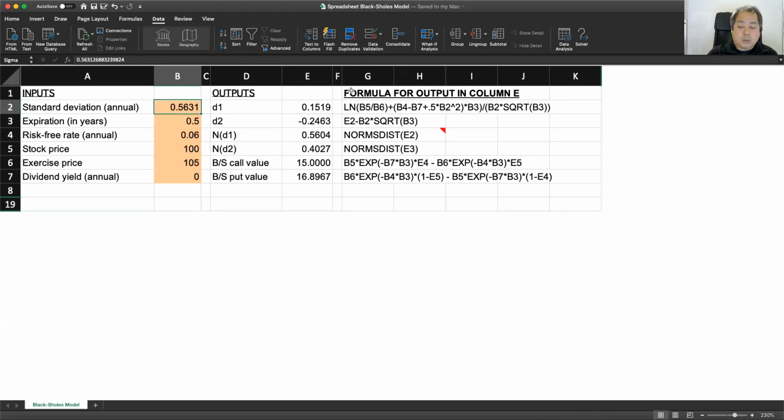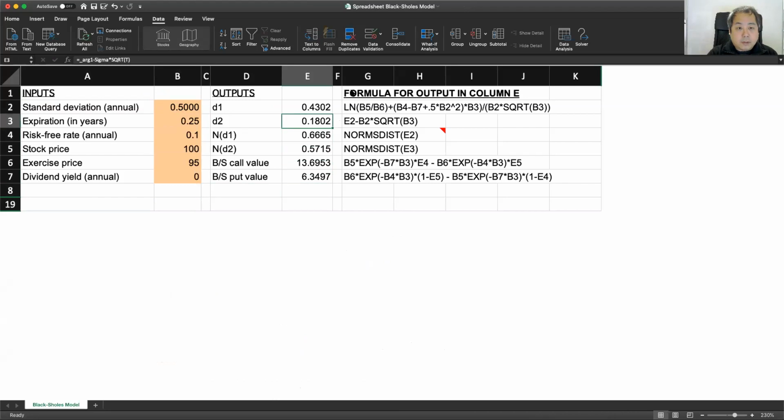Standard deviation is 0.5, expiration is 0.25, risk-free rate is 10%, stock price is $100, exercise price is 95, and dividend yield is 0.